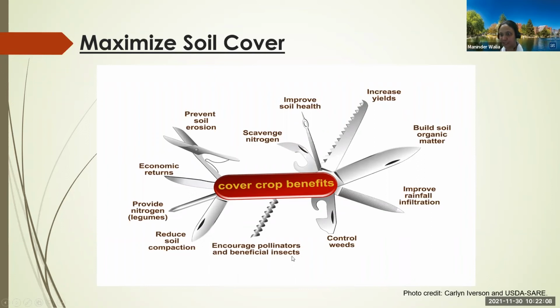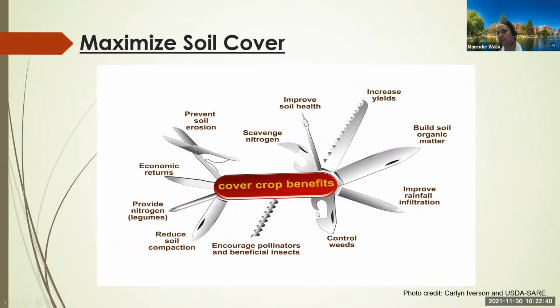Cover crops also improve nutrient cycling. The inclusion of cover crops, for instance legumes, also helps by providing additional nitrogen, which can be taken up by the next crop. An important benefit is the economic return, as it saves money associated with different inputs, for instance reducing pesticide cost and fertilization.